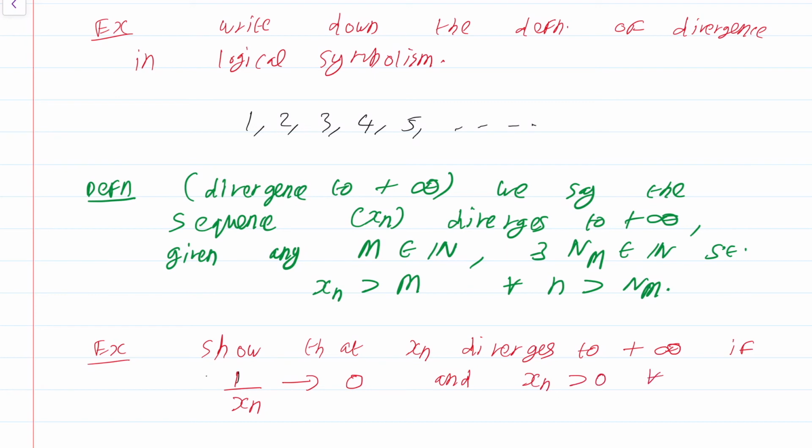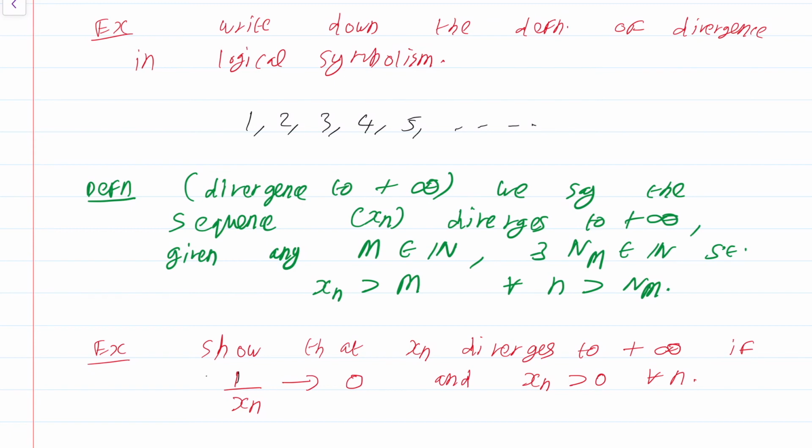This is not the best statement that you can make, but this is a straightforward exercise to solve to show that a particular sequence xn diverges to plus infinity if xn's are all greater than 0. All you have to do is show 1 by xn converges to 0. This is not the absolute best statement that we can make, but this is a good start.